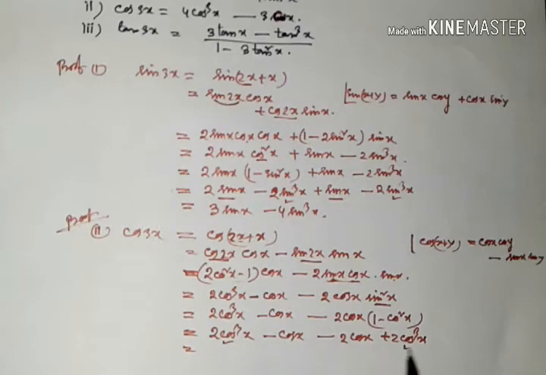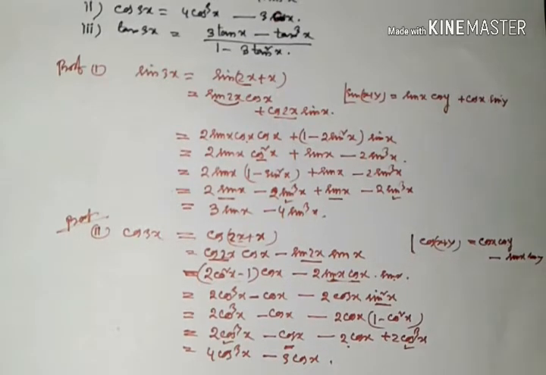Now 2 cos cube x and 2 cos cube x make 4 cos cube x, and minus cos x minus 2 cos x makes minus 3 cos x.